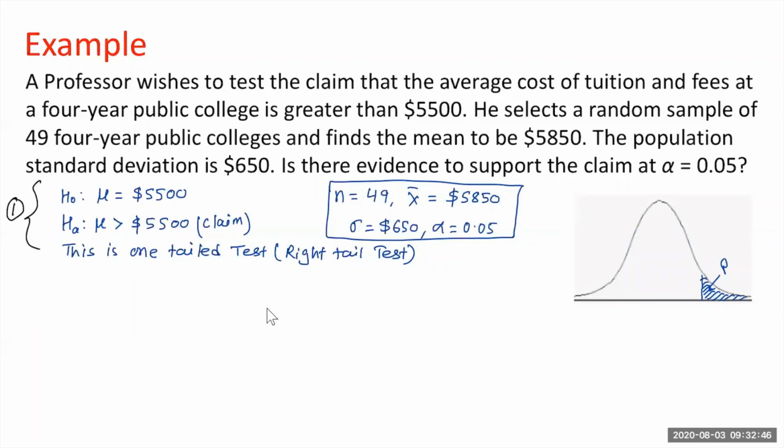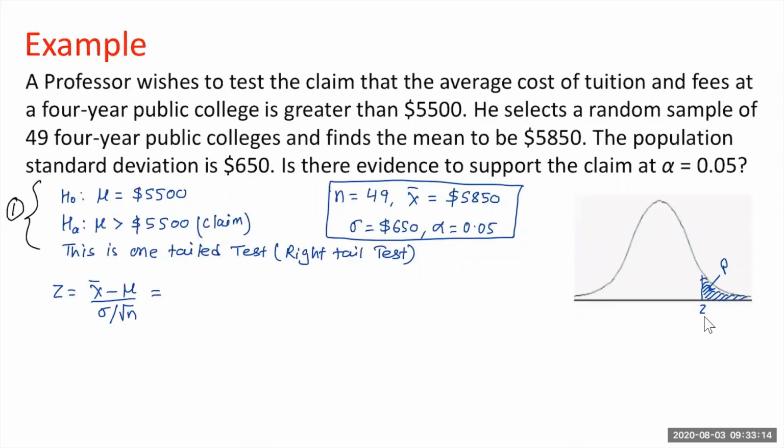Now, the second step is to find the test statistic. The test statistic is this z value, and we need to find it. The formula is z equals x bar minus mu, divided by sigma over square root of n.